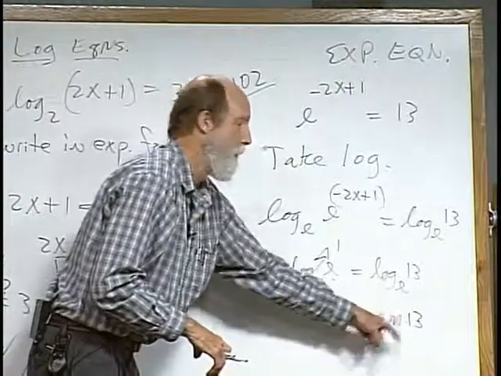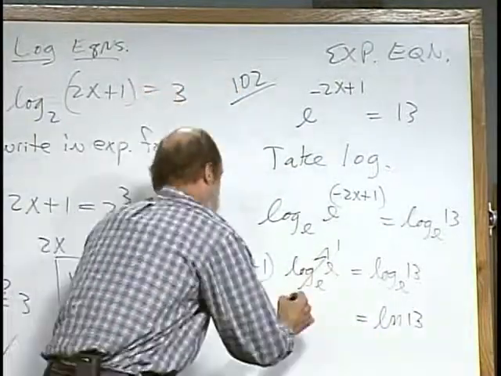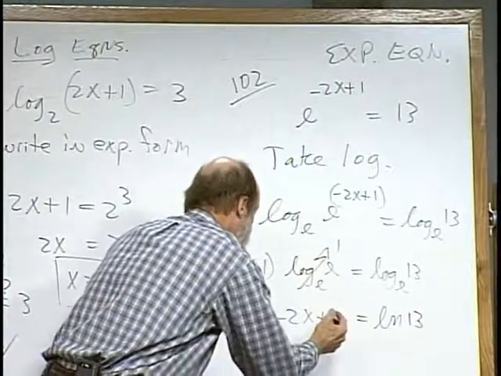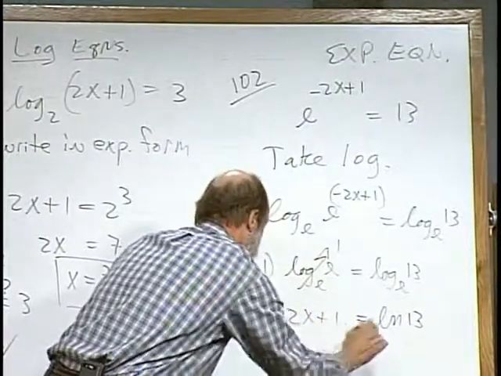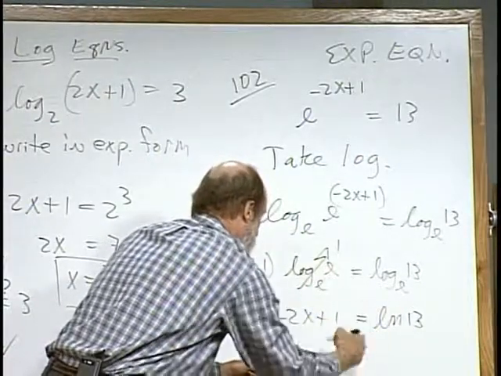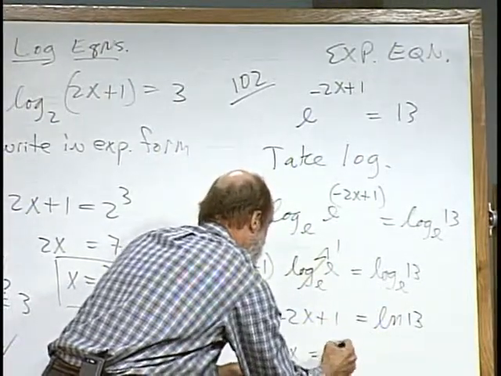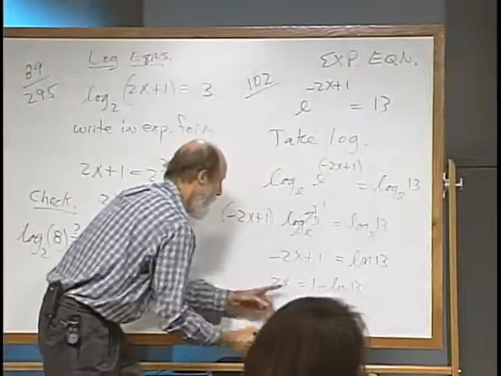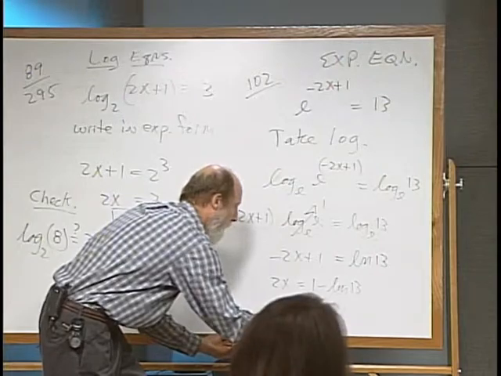And then you're going to solve this thing for x. I'd kick the 2x to the other side, make it positive, and bring the natural log of 13 back to this side, and I'd have 1 minus natural log of 13. And then I'd divide by 2 for the exact answer.